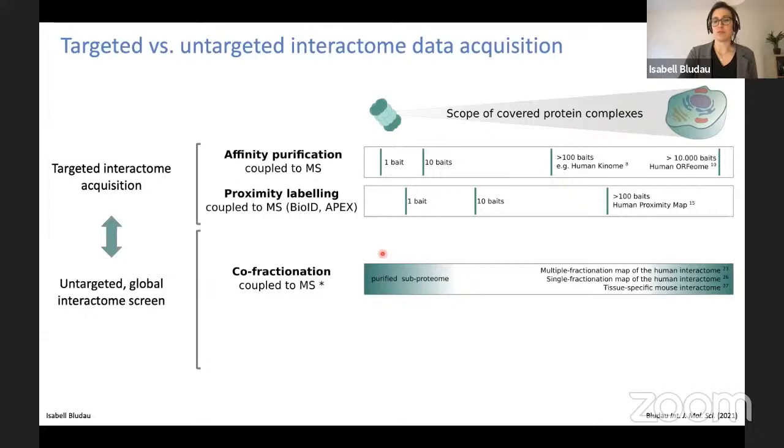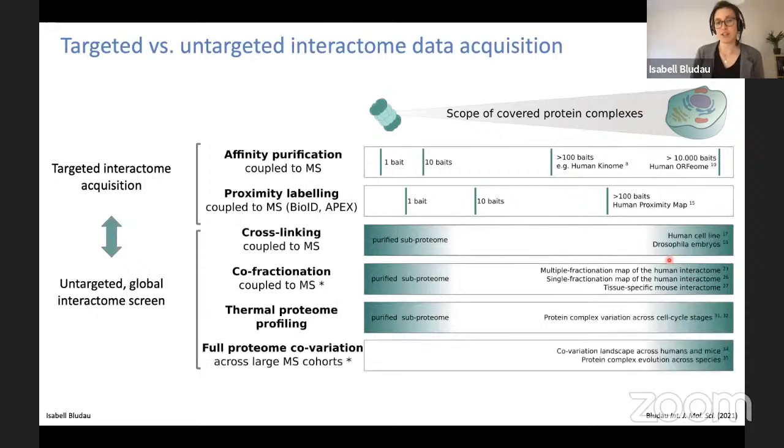But you can also take the full cell, and you will, in theory, cover the entire interactome of the cell in a single experiment. This is, of course, practically not possible at the moment, but this is mainly due to technical limitations. So we cannot cover the entire proteome by our proteomics methods at this stage, but we hope to get there pretty soon. And so the limitation is not the concept of the data acquisition.